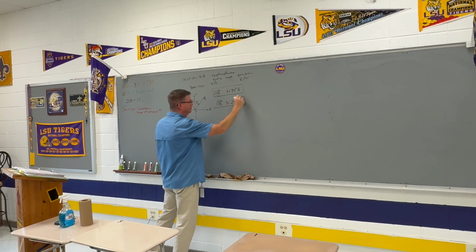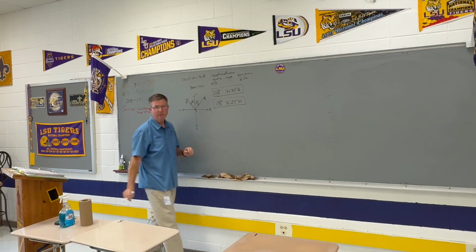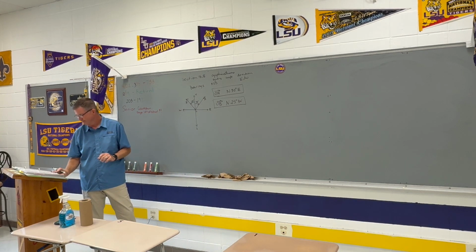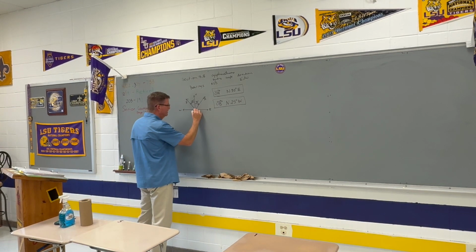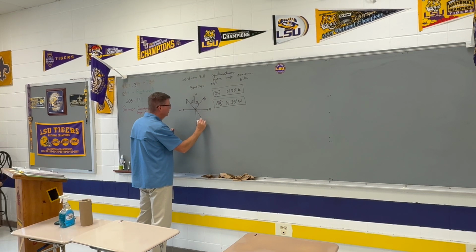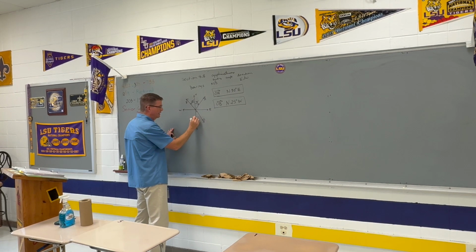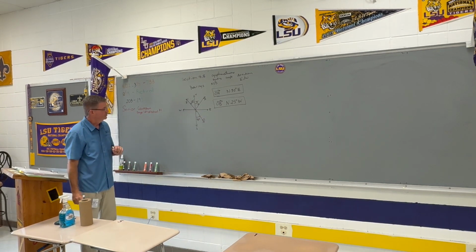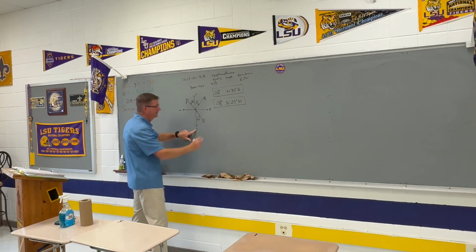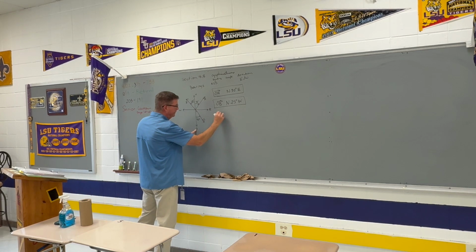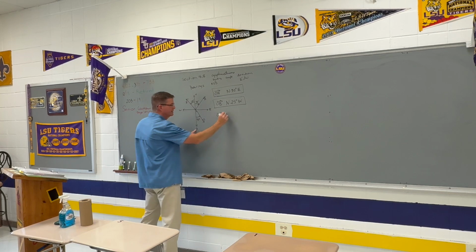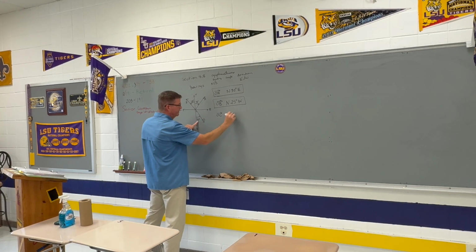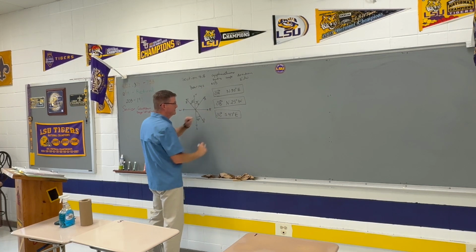So the bearing of OB would be north 25 degrees west. If I was doing this one here, we'll call this OC, and suppose this angle is 47 degrees. It's towards the south, so the bearing of ray OC would be south 47 degrees east.